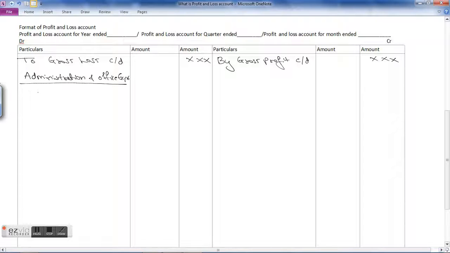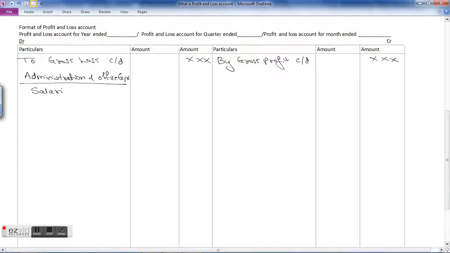What will this include? It will include the salaries paid to people working in the general office or salaries of executive officers. They are not working in the factory, but in the organization, in separate office premises, or they are the executives or managers working in the office. All those salaries will be included here.